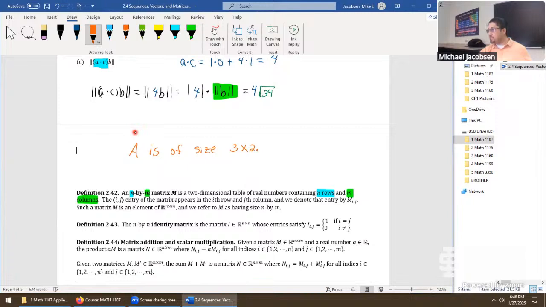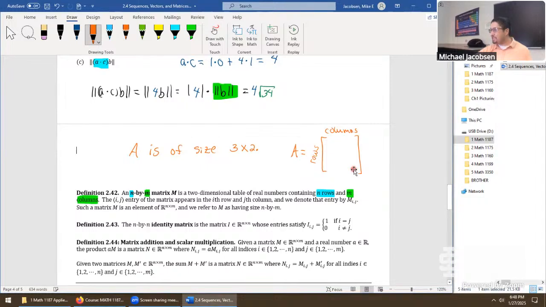Well, first, the 3 right here refers to the number of rows. And when we say that, we mean going this way. The 2 right here is referring to the number of columns. And by columns, we mean going this way.